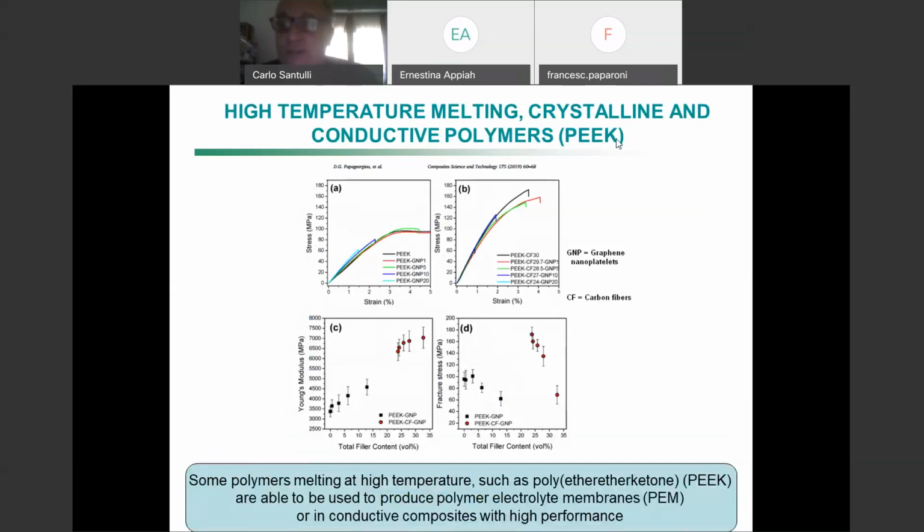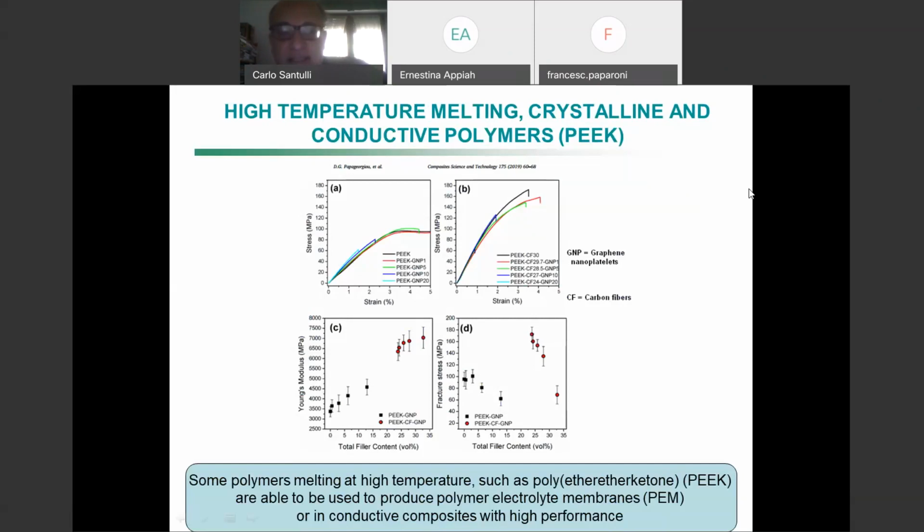There are some polymers which are amazing, like polyether ketone, the PEK, which costs a lot, but it is a sort of conductive polymer, because we assumed that polymers are insulating thermally and electrically, but in reality there are some polymers which are crystalline, and in fact you can see from the curves they are basically crystalline.